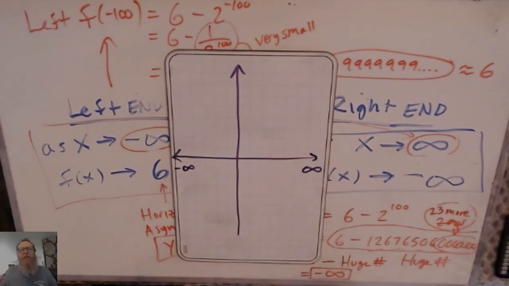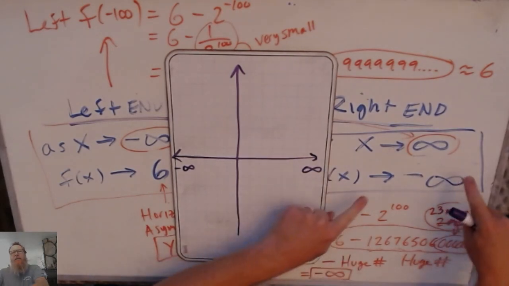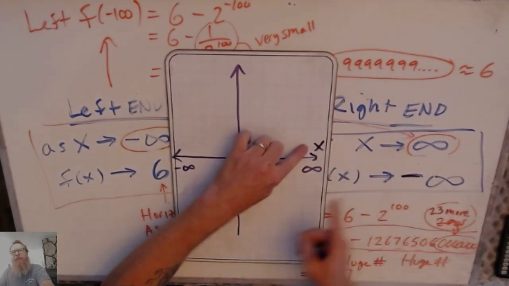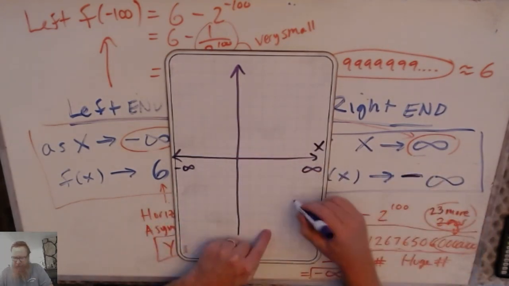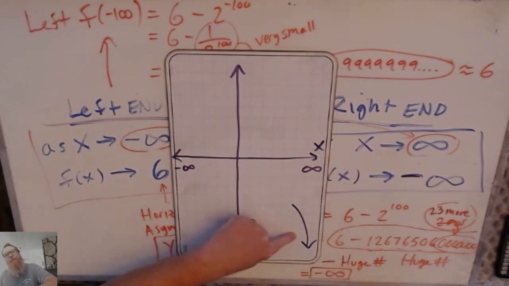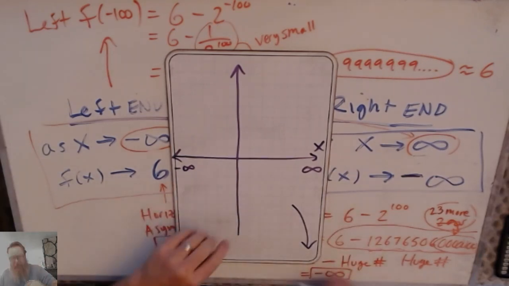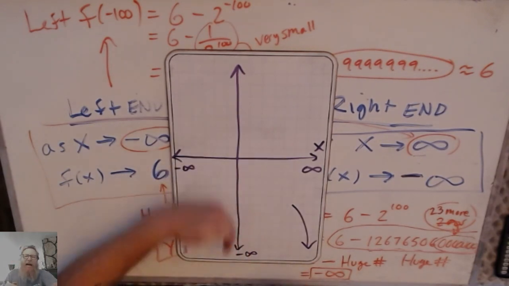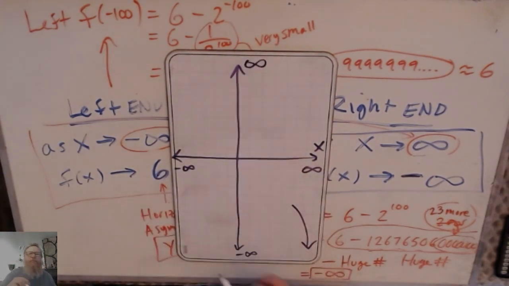The right end is over here. On the right end, as x goes to positive infinity, x is going to the right, this graph is going down. So I already know that the y values are going down to negative infinity.